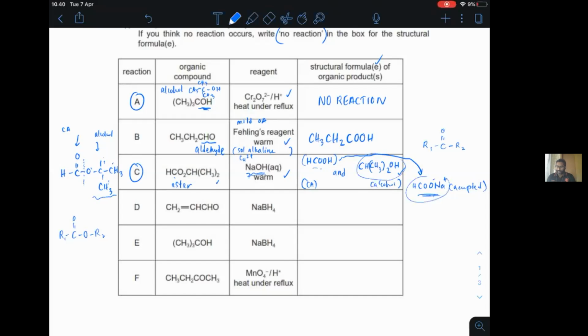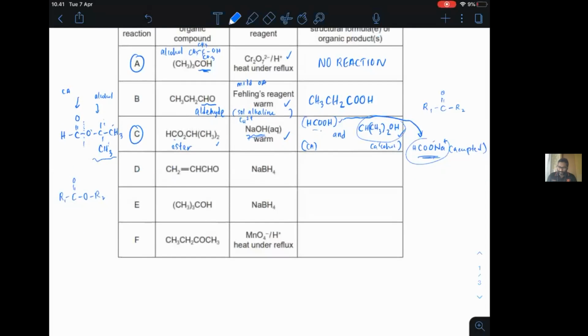Now this one, NaBH4 is a mild reducing agent, and this one is just going to be warmed. Earlier, if you look at another type of reducing agent, it is LiAlH4 in dry ether.